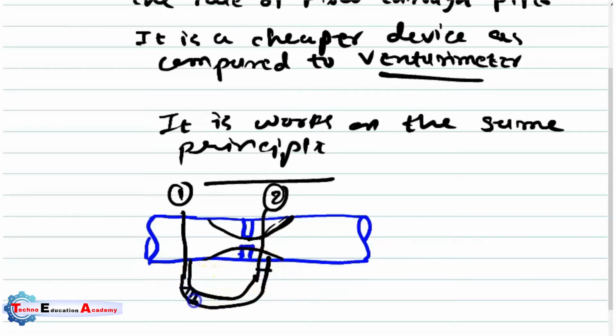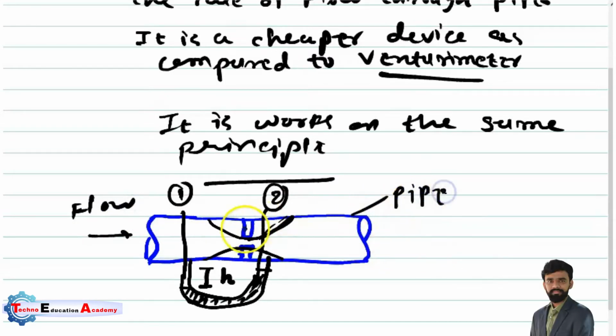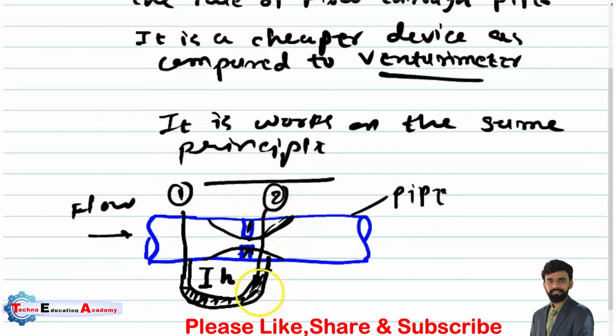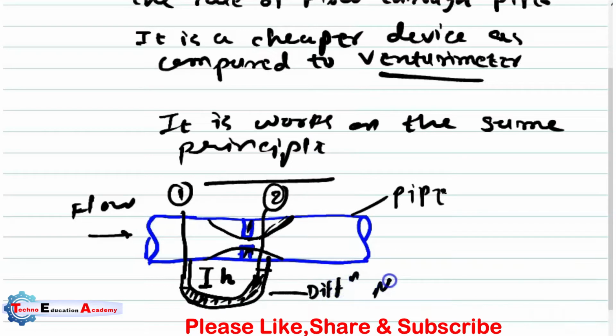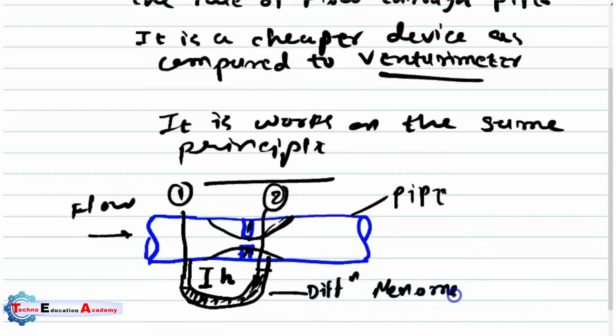There is a manometric difference or height h between the manometric fluid. The direction of flow is like that. This is the pipe, this is the orifice plate, and it is called a differential manometer.